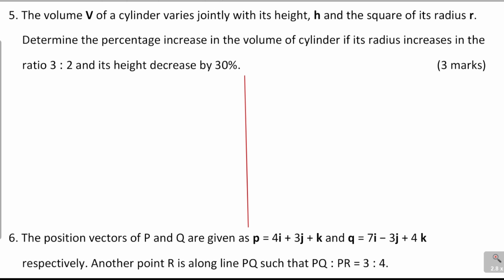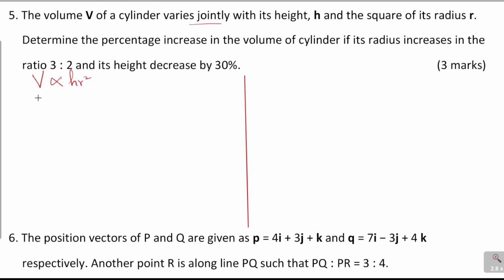The first thing is to write the relationship between V, h and r. So the volume V of a cylinder varies jointly, sign of proportionality, as height and as the square of its radius. That is how you write that relationship.